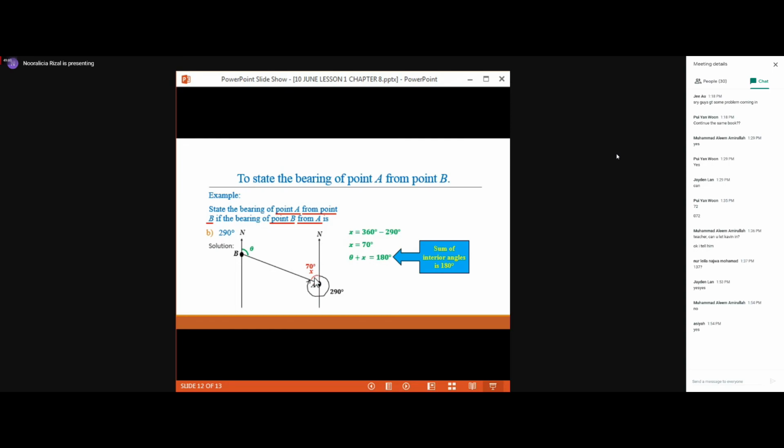So 70 plus this will give you 180. This is another concept that you can apply to solve the question. So what's the bearing? It's 180 minus 70, which gives you 110 degrees.